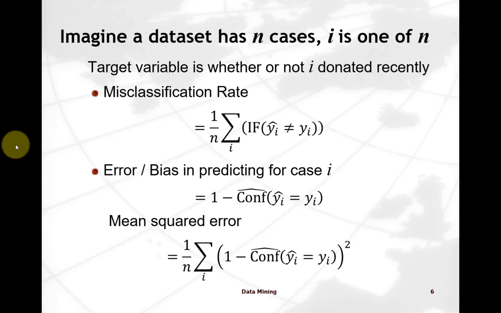You have a big summation over every misclassification. When the prediction is different from the outcome on the validation set, then it's an error. It's a misclassification, right? It will be added up. So all the misclassified cases are counted, divided by the entire sample. So that's the sample-wise misclassification rate.